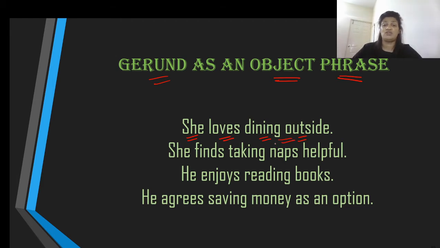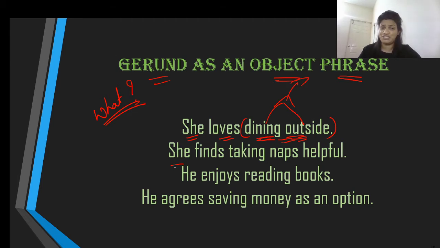Dining outside. You cannot just say dining. Like I told you earlier, keep in your mind, gerund answers the question what. So she loves. What does she love? She loves dining outside. Therefore, this entire phrase, the combination of two different words, is our object phrase.